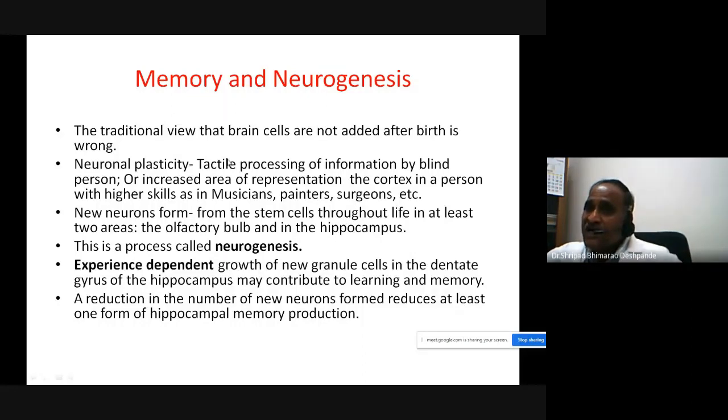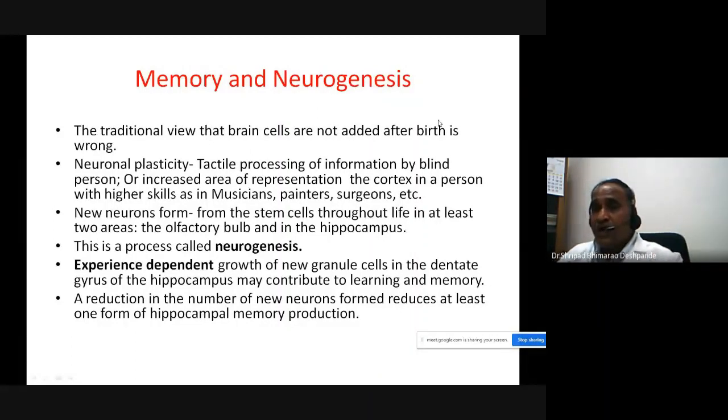Now, in this context, if I bring a person who, with an accident, loses his eye and becomes blind, the entire visual cortex is not able to receive the visual information. In that way, he develops other skills such as tactile skills.